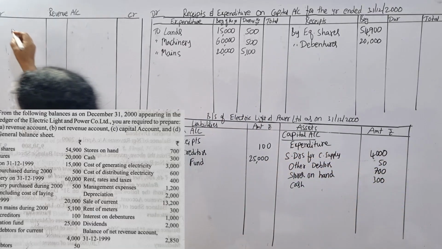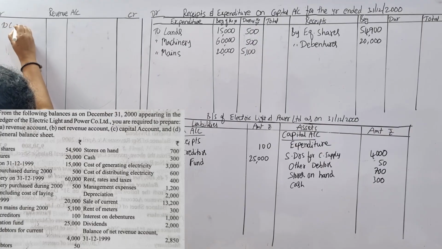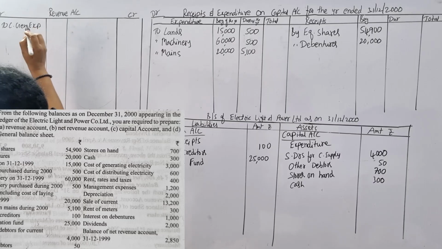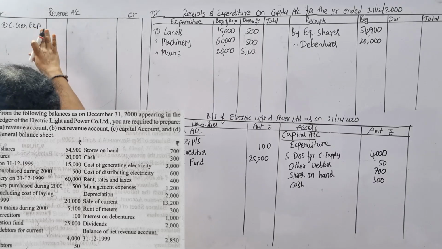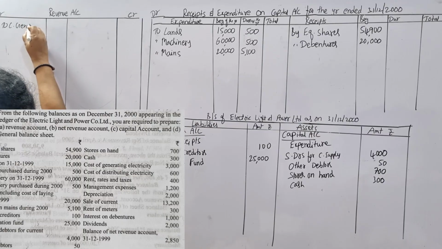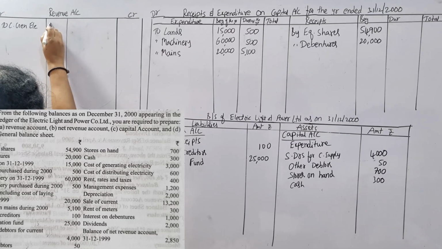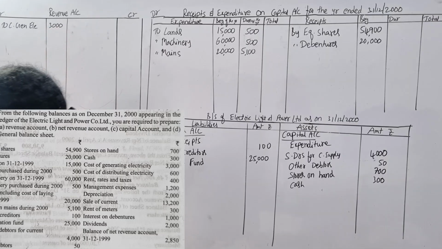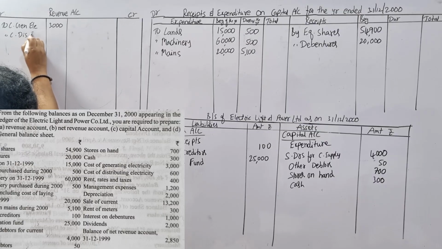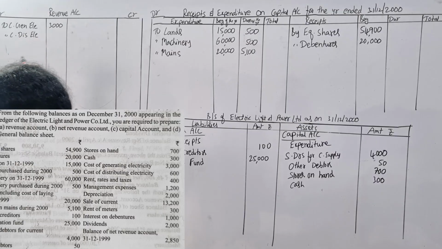Cost of generating electricity, short form I am writing generating electricity. It is 3,000. Next, cost of distributing electricity, 600.